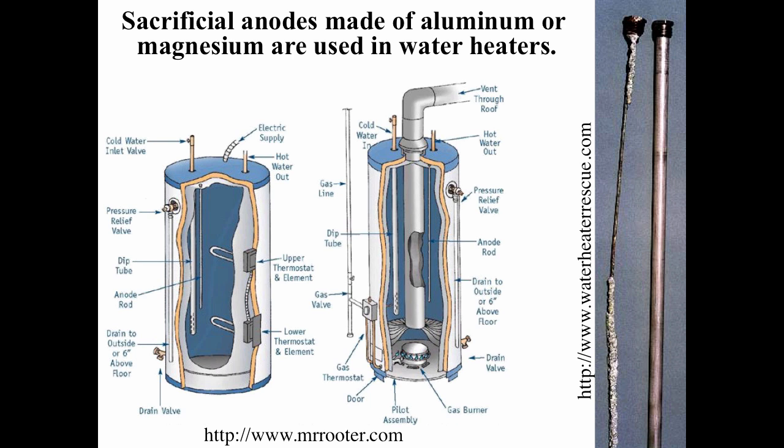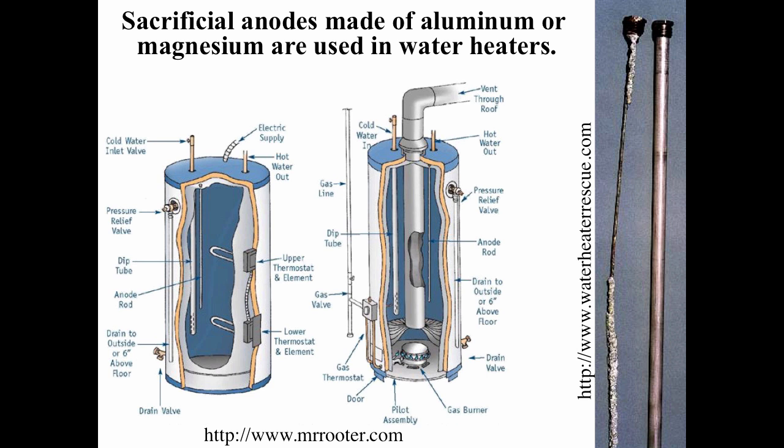The shell is iron, and so you put a sacrificial anode, and the sacrificial anode can be aluminum or magnesium, something that's more reactive, and so the sacrificial anode gets corroded before, hopefully, the outside of the tank. Periodically you do have to check your sacrificial anode. On the right you can see a picture of a new anode, and next to it one that was in a tank for a while, all corroded.